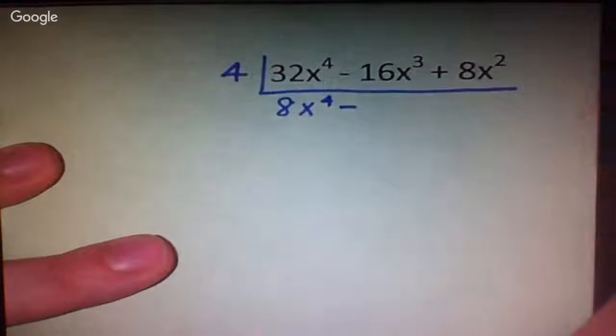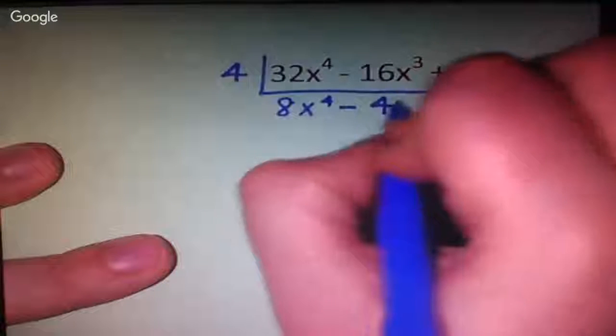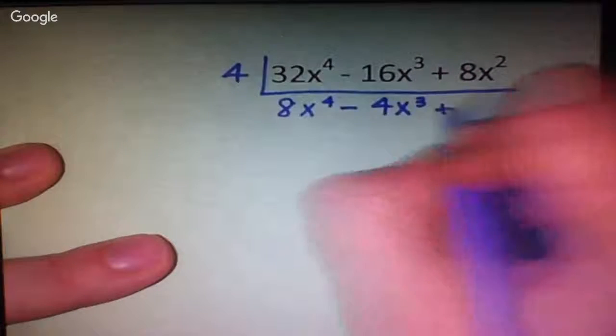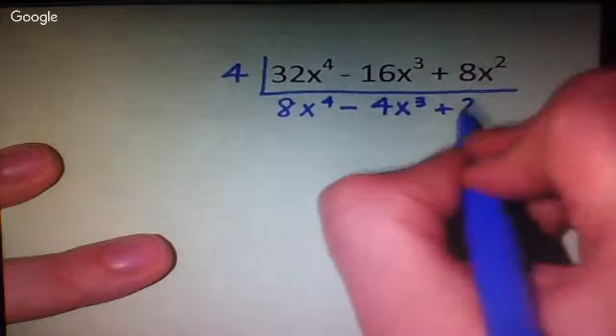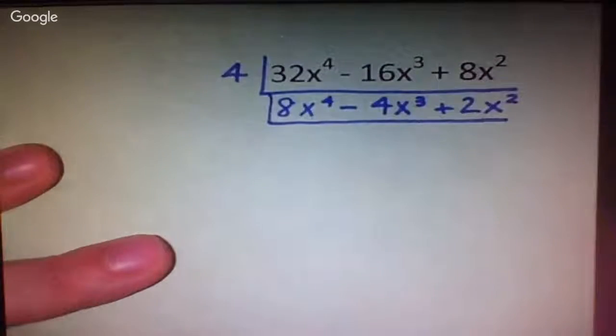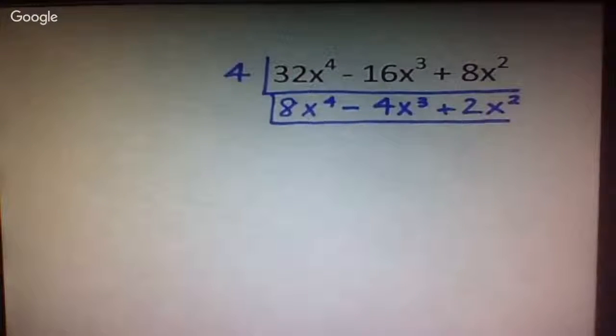Minus 16 divided by 4 is x cubed. Plus 8 divided by 4 is x squared. We're not finished yet. Remember, we always double check our numbers again. Now I have an 8, a 4, and a 2. I can pull out a 2.